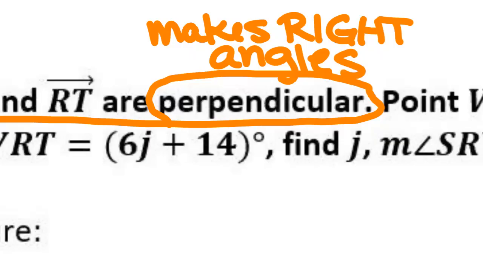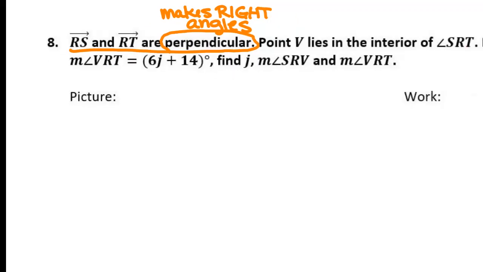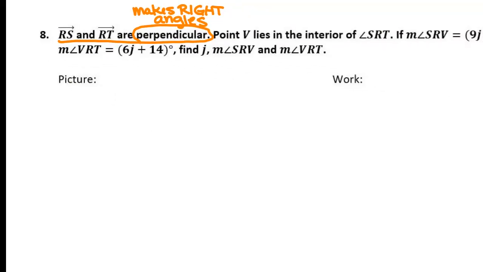So we're going to draw these two rays, and we're going to make them make a right angle. Remember, a ray has an arrow that goes in one direction, so one of my rays is going to go up like this. One of my rays is going to go over like this.